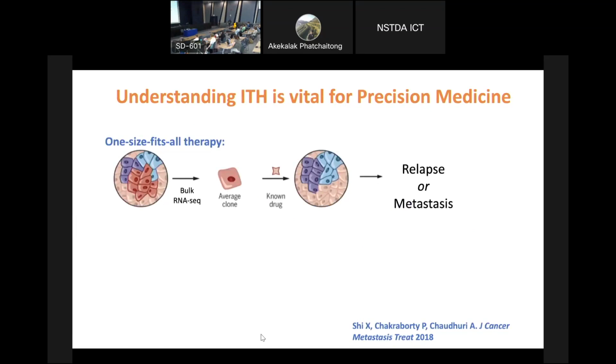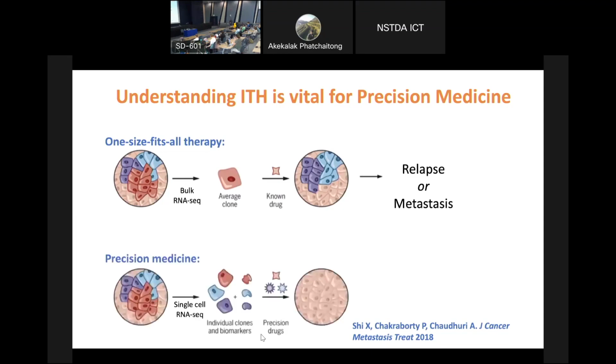So you have an average clone, and your known drug wouldn't be very effective, so you can have relapse or metastasis. In the case of a single cell, we have an opportunity to do precision medicine, precision targeting, where you have individual clones and biomarkers for each one of those cells. Then you can have drugs that target each one of those specifically.